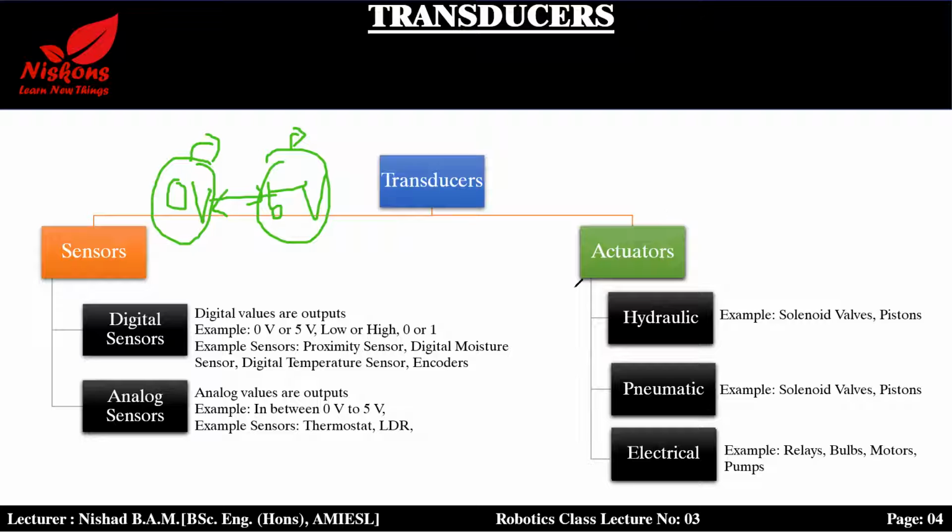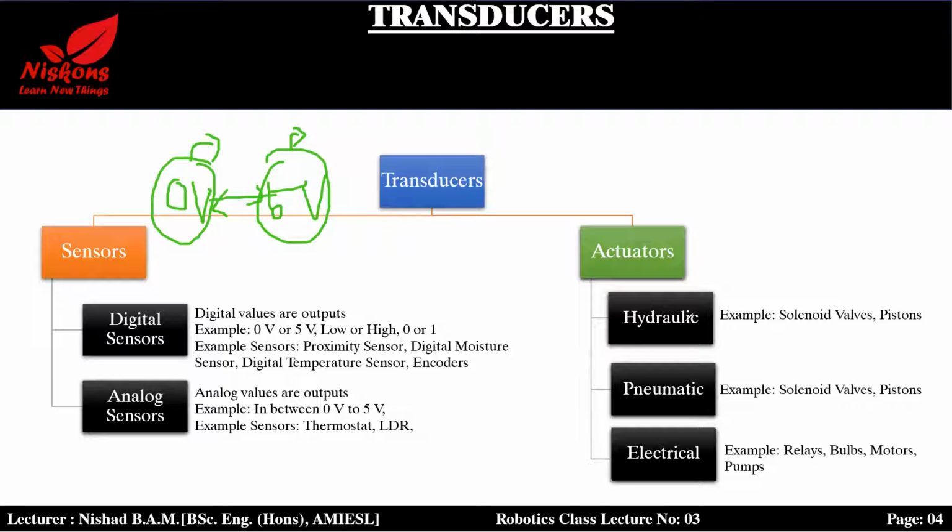And actuators, we have hydraulic, pneumatic, and electrical actuators, right? We are not going to focus on hydraulic and pneumatic actuators in this basic course because they are related to highly machine environments, so they are used in machineries, right?